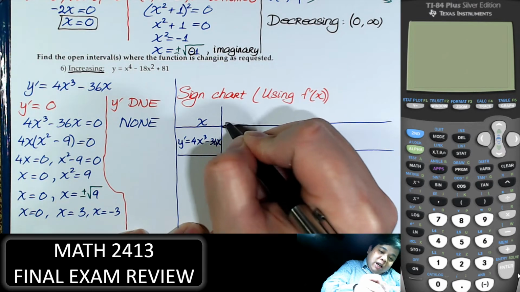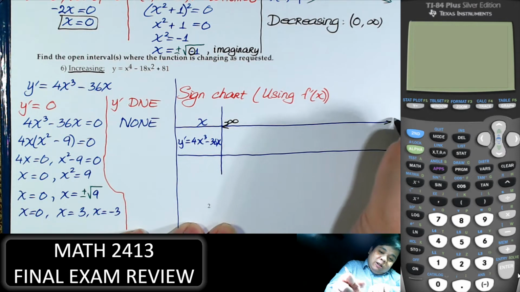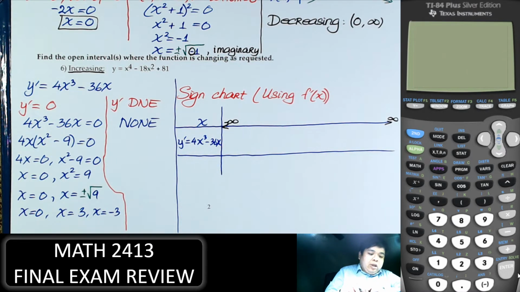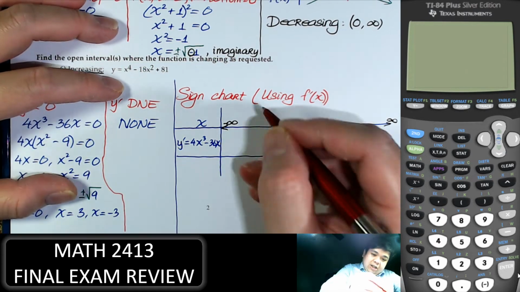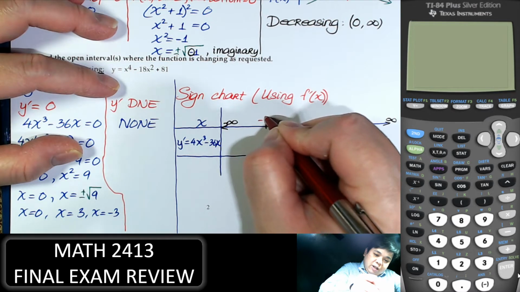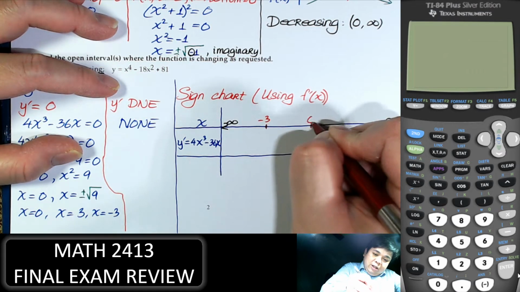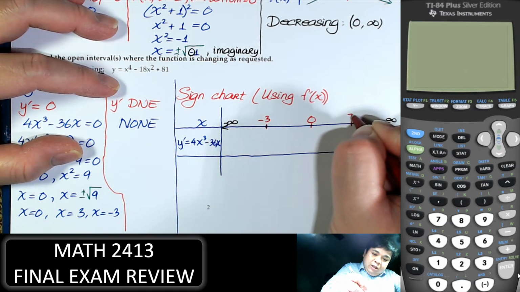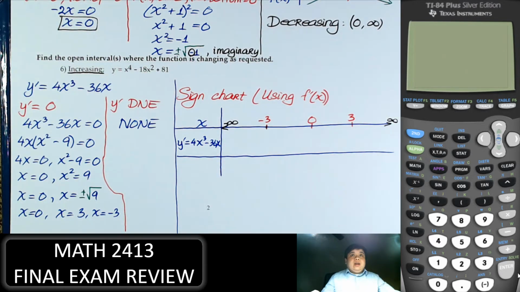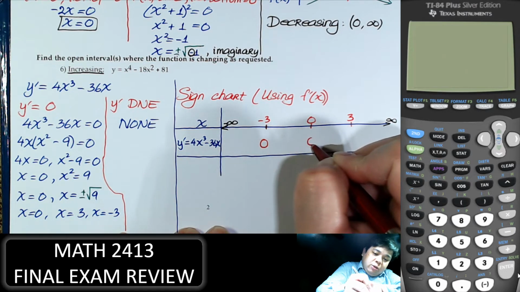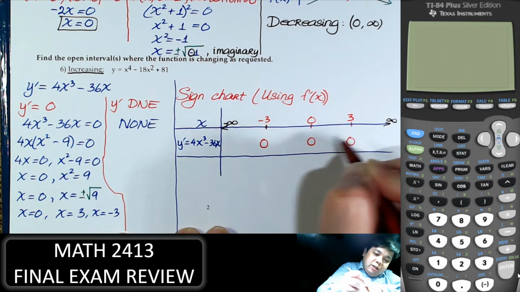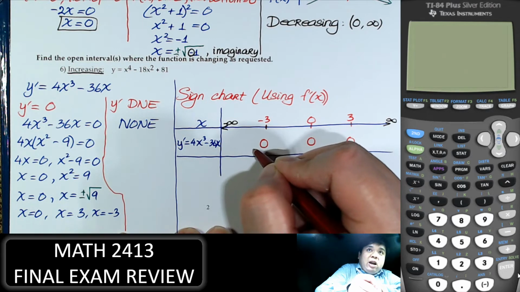Here we just have the number line. 0, 3, negative 3, right? So just put them in increasing order: negative 3, 0, and 3. The derivative equals 0 at those values. If it does not exist, I will write does not exist.